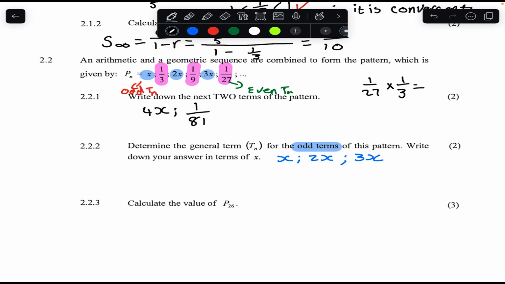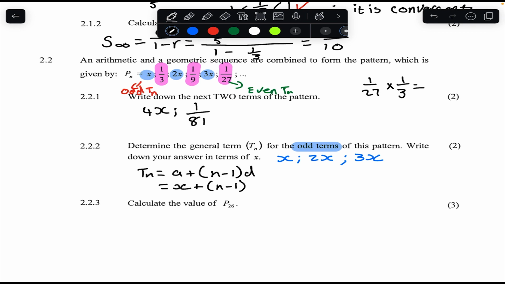So remember, that's not every second term. So that means Tn is going to be equal to a plus, and then here we have n minus 1 d. Now all we need to do is we have to substitute x. So a represents my first term, just as I showed you previously. So that means I will have x plus n minus 1, and then d is my constant difference.